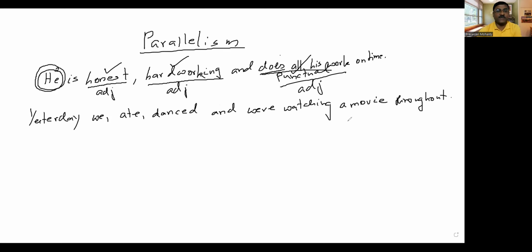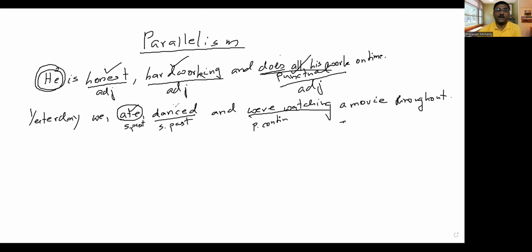Here it says we did something. There's a verb. We ate, that is simple past. Then danced, again it is simple past. And we were watching, so here it becomes past continuous. So that's why this sentence will not be called parallel.